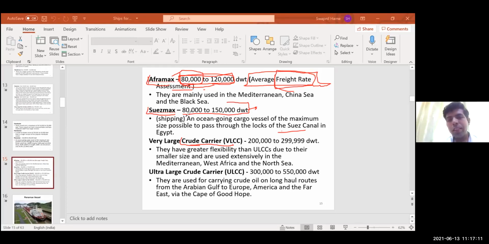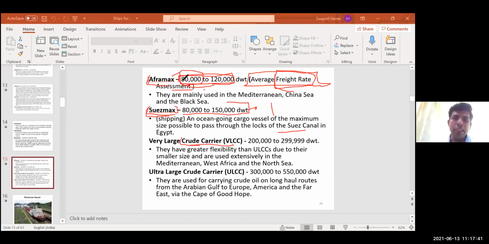And now this particular term is obsolete. As I said, even VLCCs, a 2,00,000 deadweight tonner, can pass through the Suez Canal. So these Suezmax terms are old terms which are still in use. Basically, Suezmax tankers you will find anything which is above 1,20,000 up to 1,50,000 deadweight. Understood?